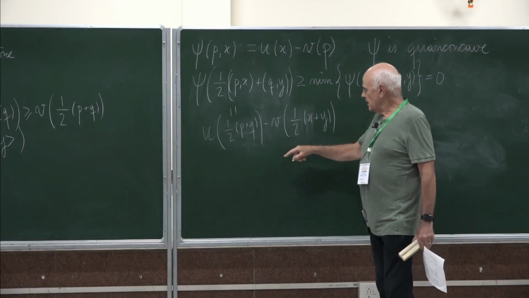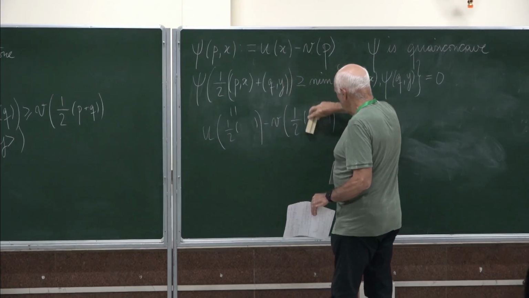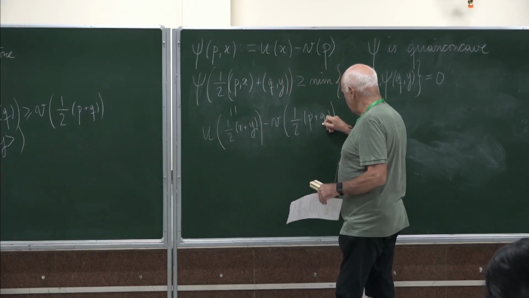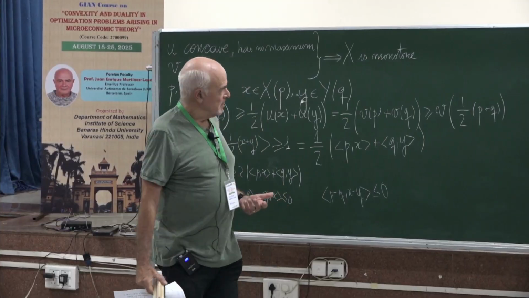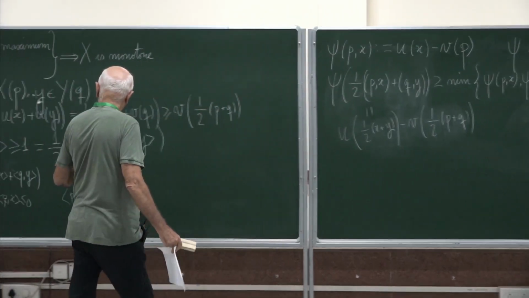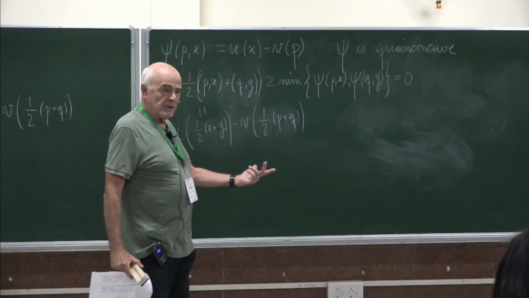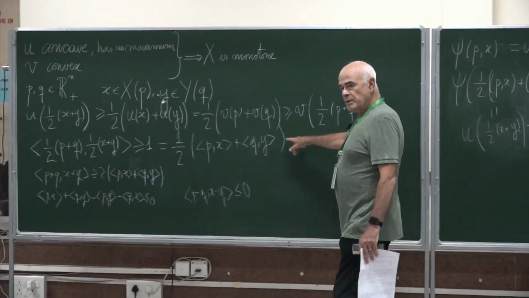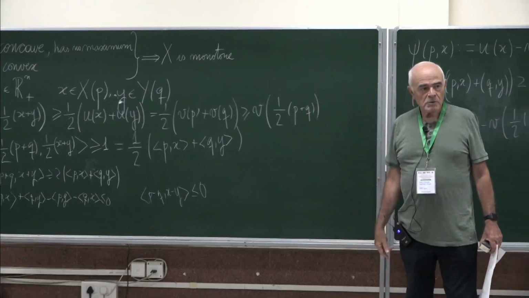We reach the conclusion that, commodity bundles are here and prices are there. Now I think it's correct. I'm just using the definition of psi. And we are saying that this difference is non-negative. So we arrive at the same conclusion as here: U at the midpoint is greater than or equal to V at the mean point, and then we can end the proof in the same way as we did here. Once we arrive at this point, we continue.